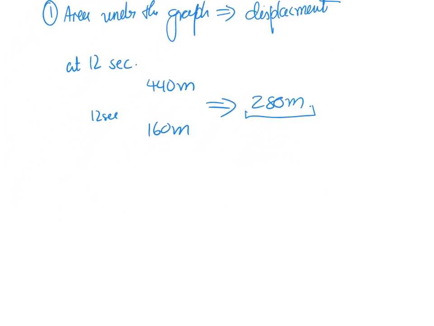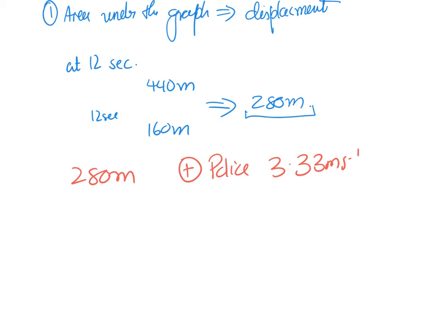So now I know that the distance to be covered is 180 meters. The speed, or the positive speed the police car is going by, is 3.33 meters per second. Because the speeding motorist is still going at his assigned speed, the police car isn't changing its speed either, so this is the constant difference that we have.